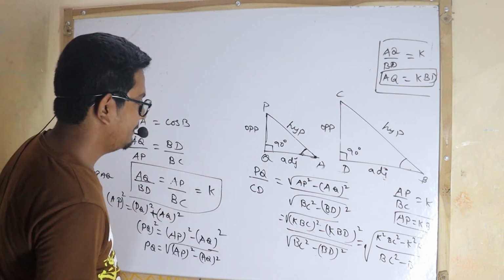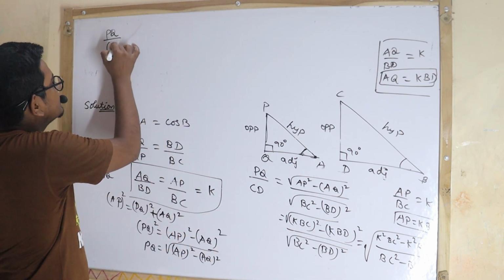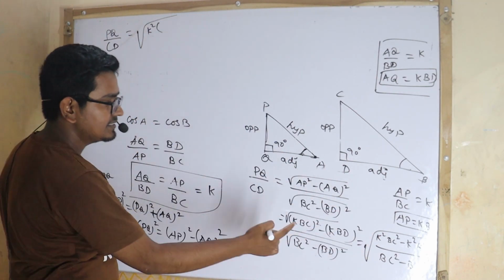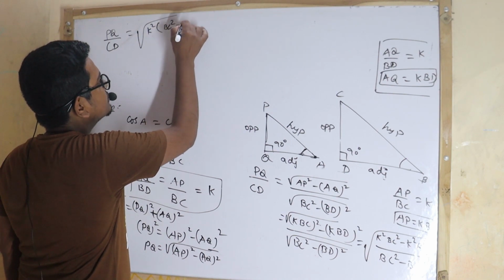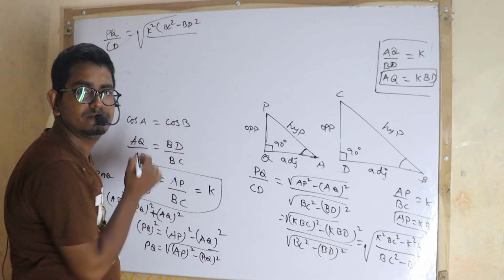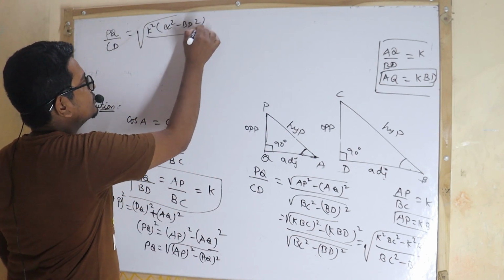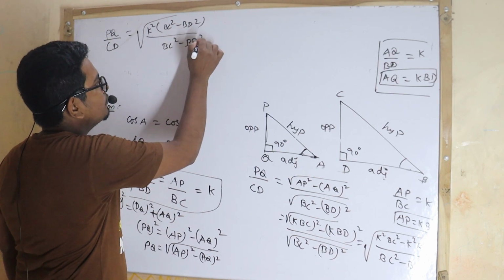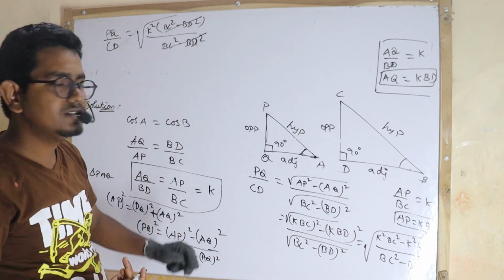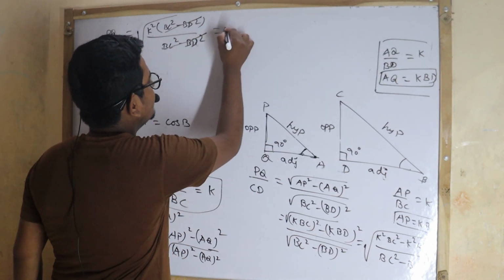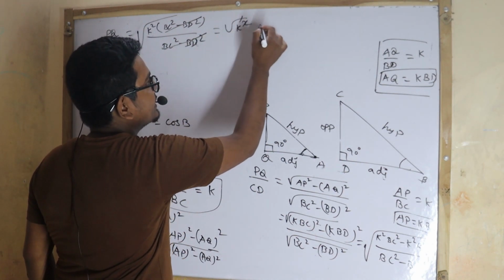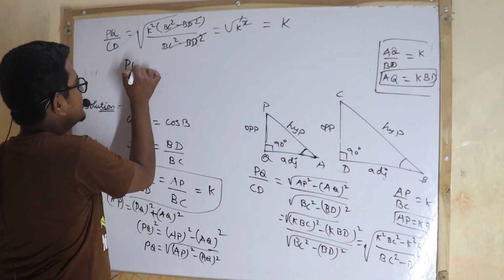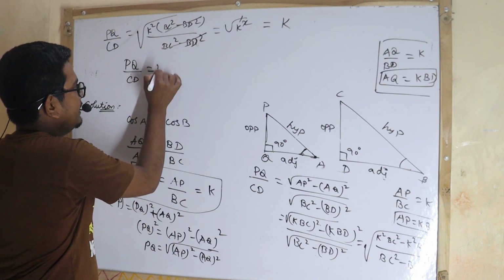So here PQ upon CD is equal to, taking the common one, K square outside, it will come as BC square minus BD square upon BC square minus BD square. Therefore these two are getting cancelled out with each other. Then it will become under root over K square, the root and the square cancel each other, and it will become K. Therefore PQ upon CD ratio is equal to K.